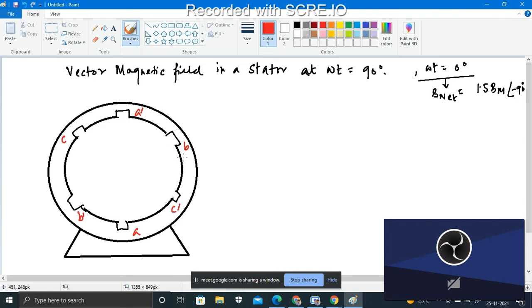If I draw the vector representation for that, you have to draw a line, and another line we are considering.